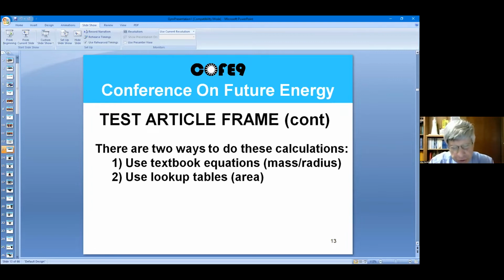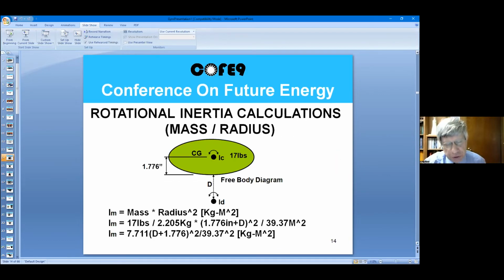There's two ways you can do these calculations. You can use the textbook equations for mass and radius, or you can use a cheat sheet, a lookup table based on area. For this operation here, I use both methods, starting with the mass radius one.